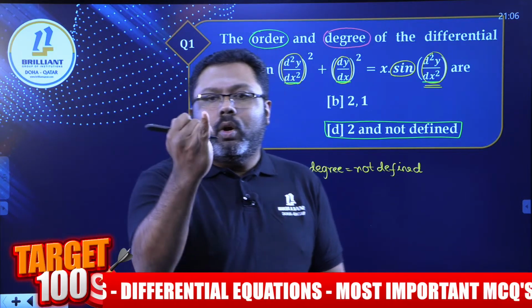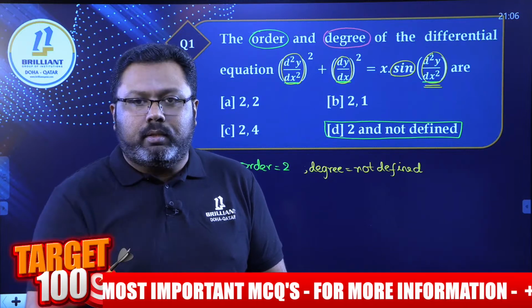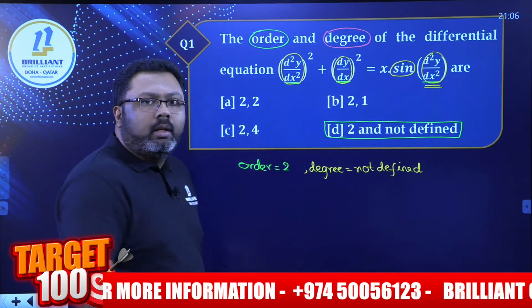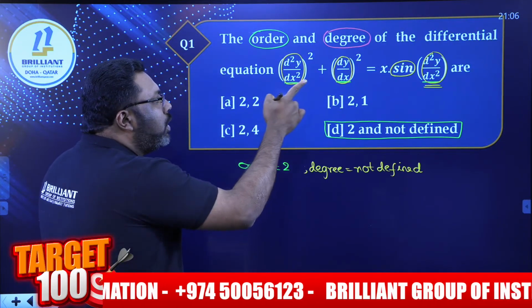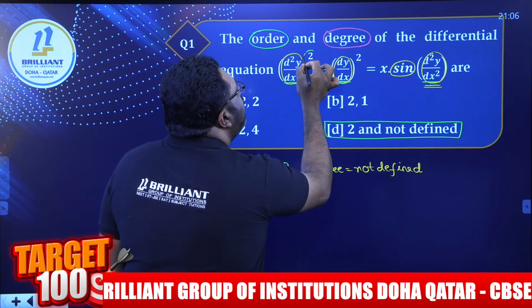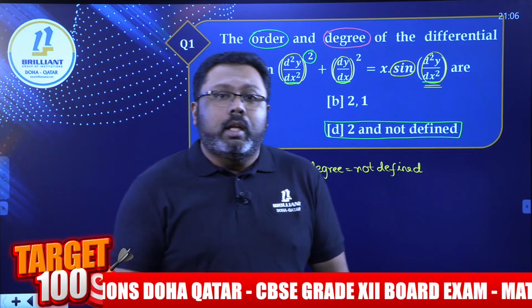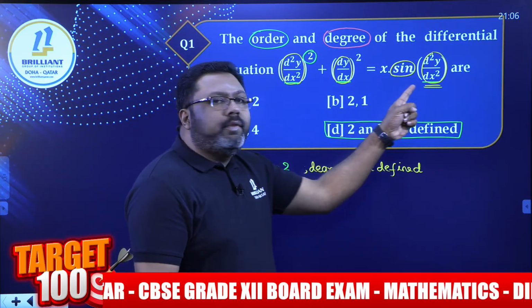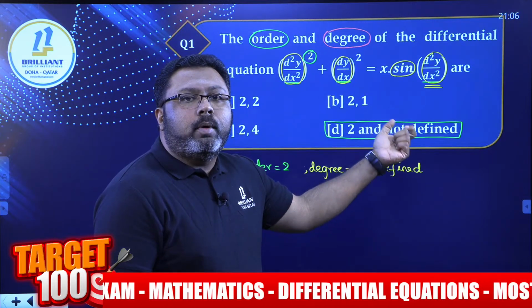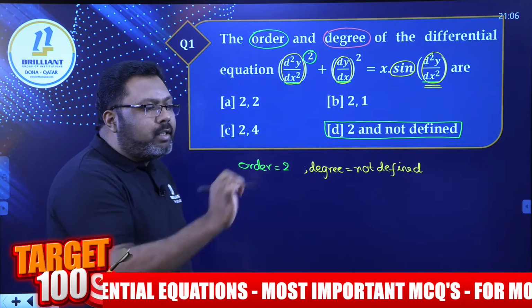Once again, order of a differential equation is the highest derivative present, and the degree is the power of that. Students who are not careful will simply say the power of the highest order is 2, so the degree is also 2. No, in this case, one of the differential coefficients is inside a non-polynomial function. Answer option D, right everyone?